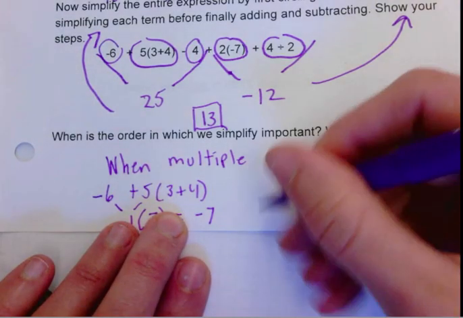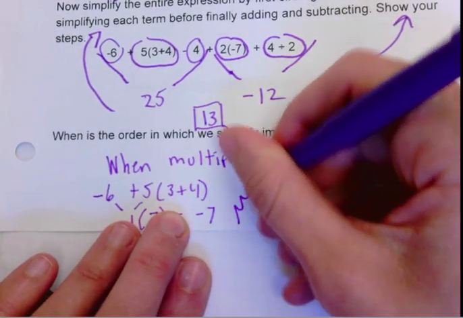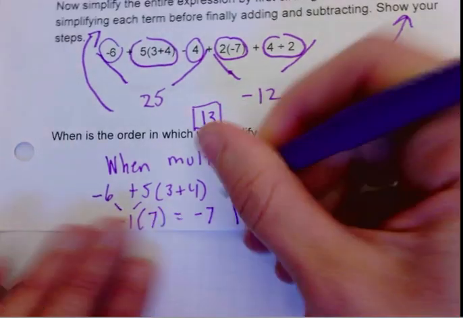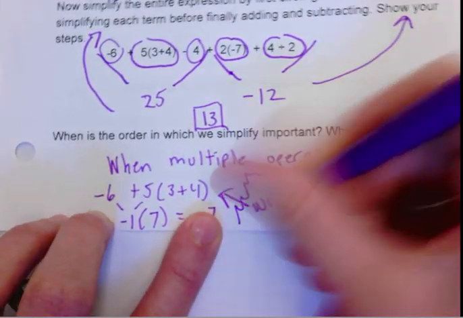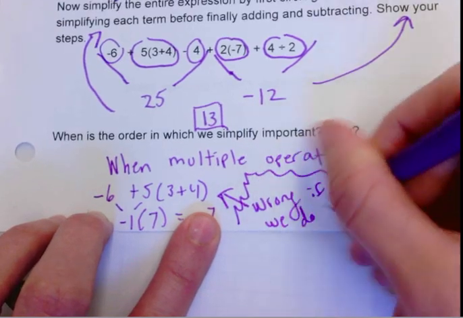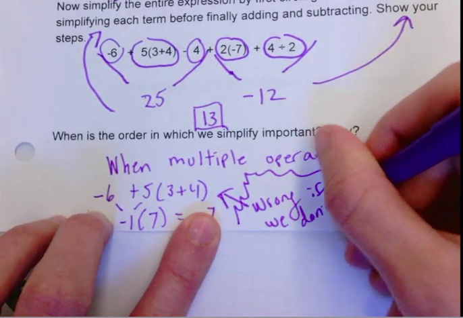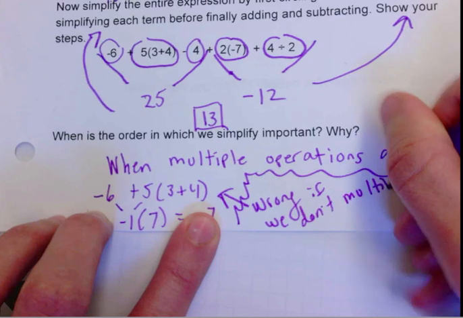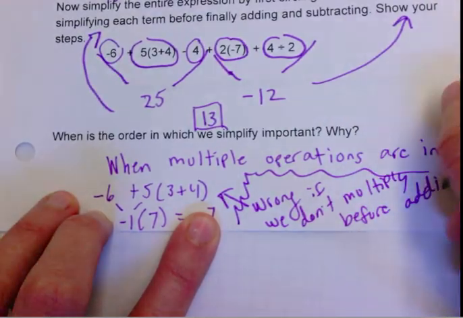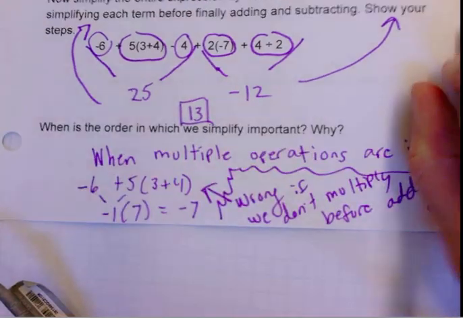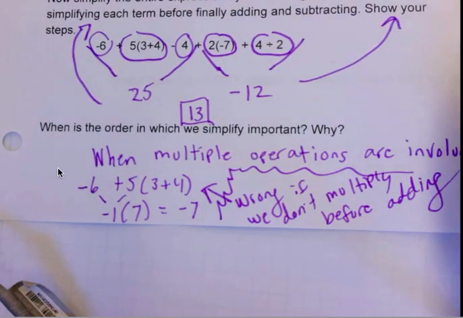So that's a long-winded answer, but ultimately this would be wrong if we don't follow the order of operations. Multiply before adding. And you can put that in whatever language you want, but do have an explanation. Okay, so that's a little bit more on the order of operations.